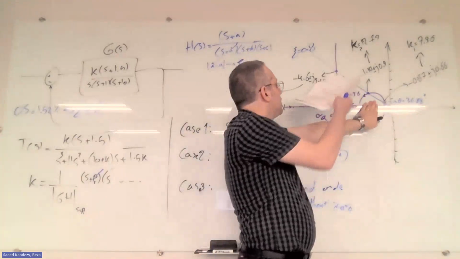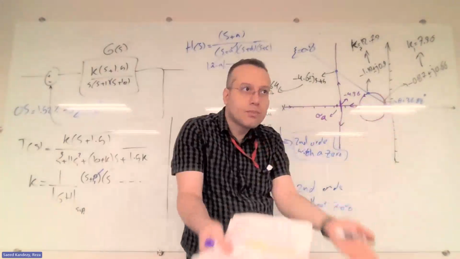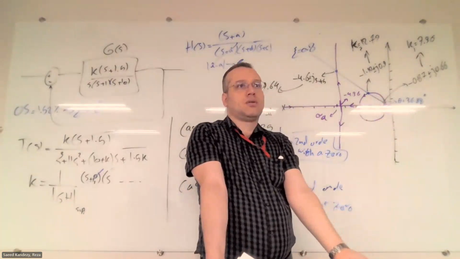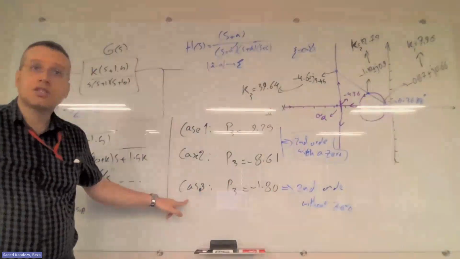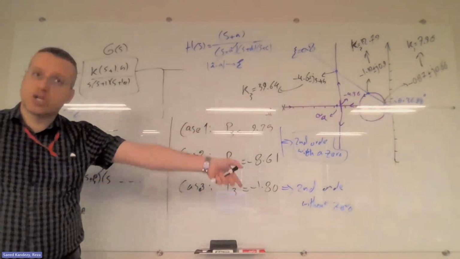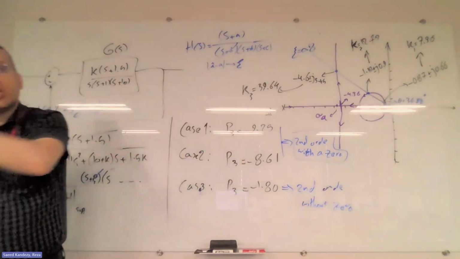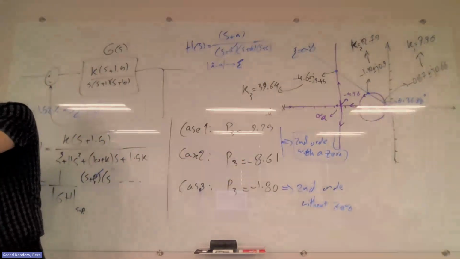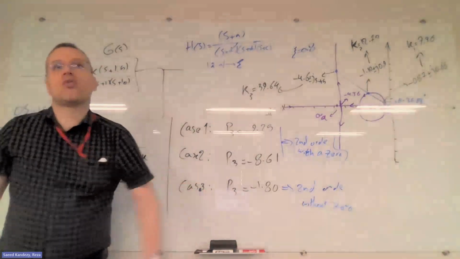We only have these two conjugate poles, which is a pure second order. So case 3 is going to give us the best option of a second order system that approximately follows the same dynamics as our original third order.